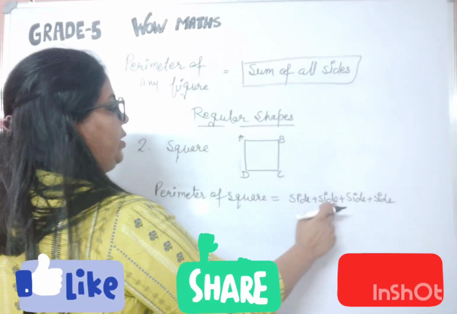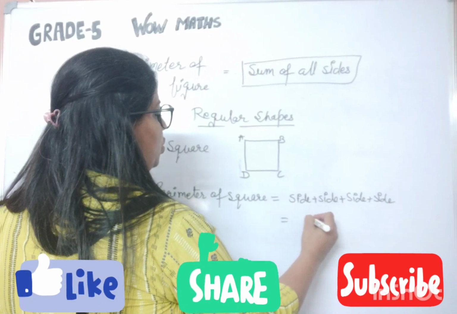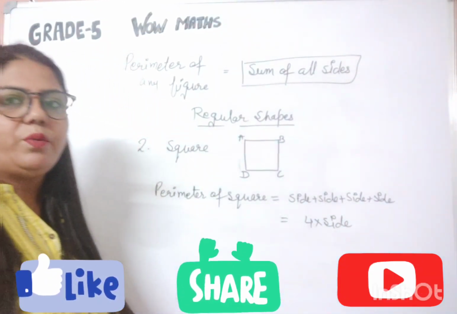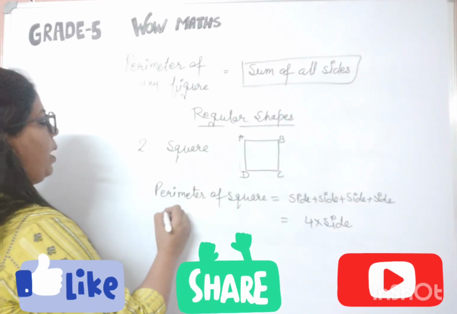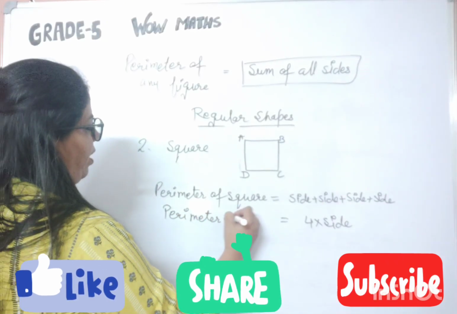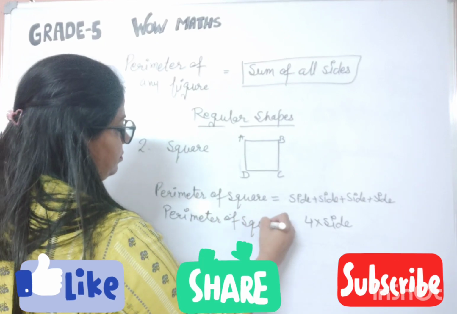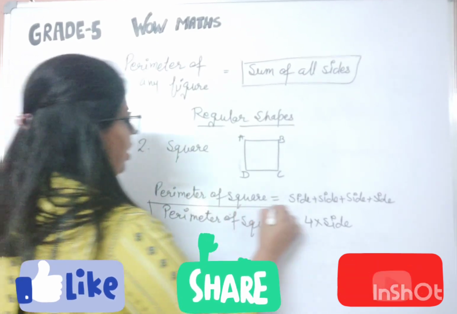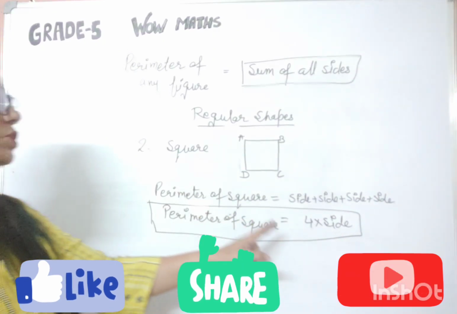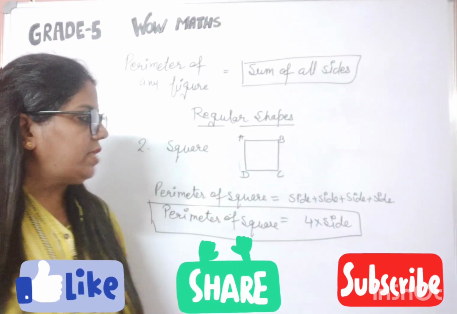How many times? 1, 2, 3, 4 times. If I multiply the side of a square with 4, that will be the formula for the perimeter of a square. This is how we derive the formula: the perimeter of the square is 4 multiplied by side.